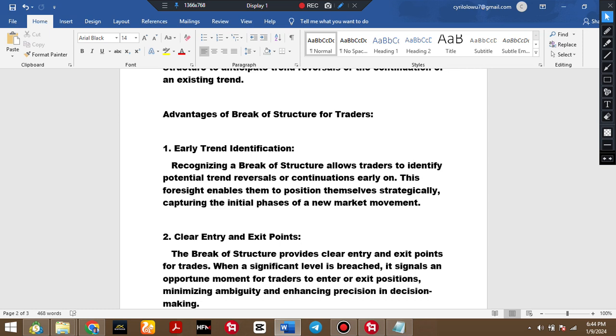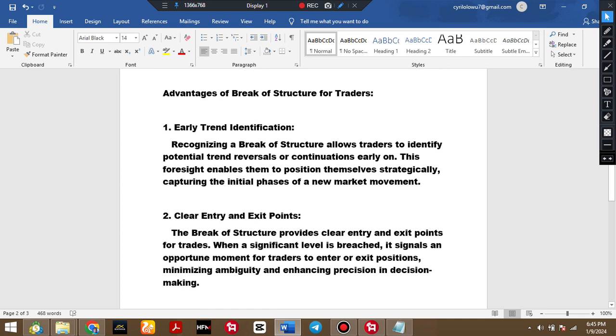Recognizing a break of structure allows traders to identify potential trend reversals or continuation early on. This foresight enables them to position themselves strategically, capturing the initial phases of a new market movement.